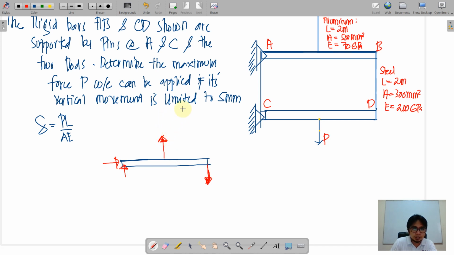So this is P of aluminum and this is P for steel. Let us also label this RA vertical and this is RA horizontal.